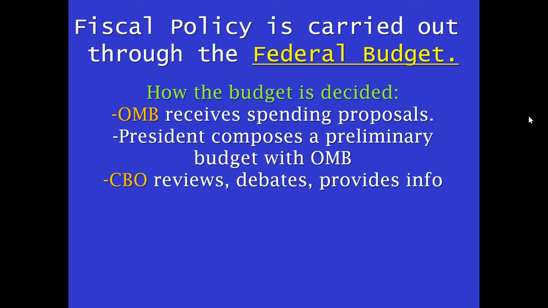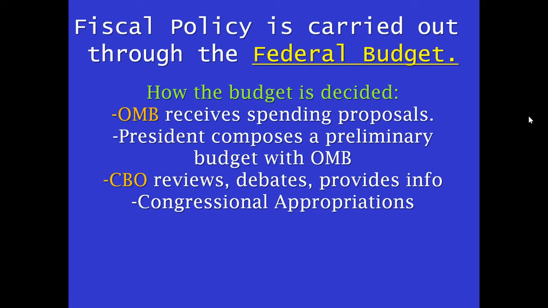So you've got the OMB working for the president, collecting information, and the CBO doing the same thing. It's the CBO that usually will put together a report on the effect of spending approaches that different presidents come up with. So they basically test the ideas that the OMB comes up with. You may hear either one of them involved with the budget process at any point in the year.